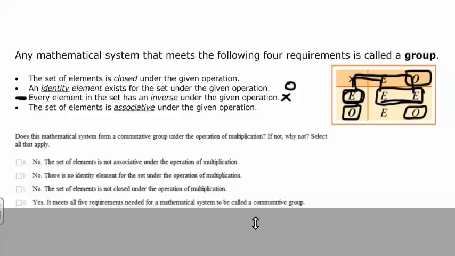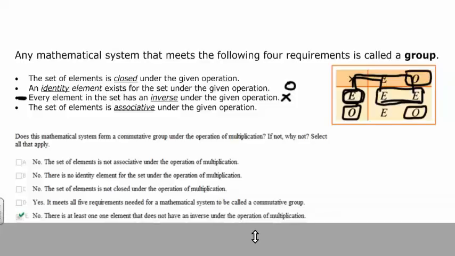Yes, it meets all 5 requirements needed for a mathematical system to be called a commutative group. That's not true, because it doesn't meet all 4 plus the 1 requirement. No, there is at least one element that does not have an inverse under the operation of multiplication. That's correct.